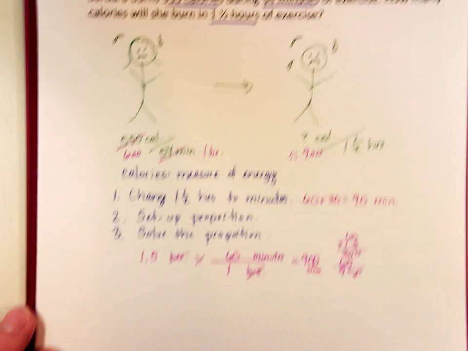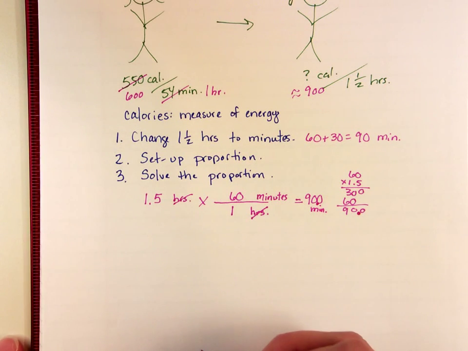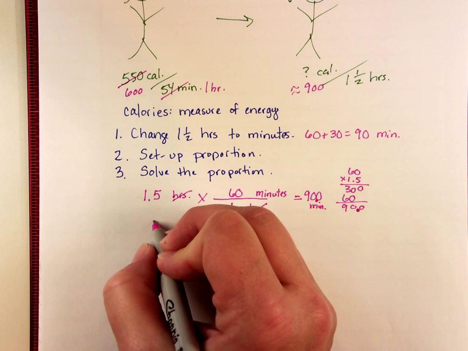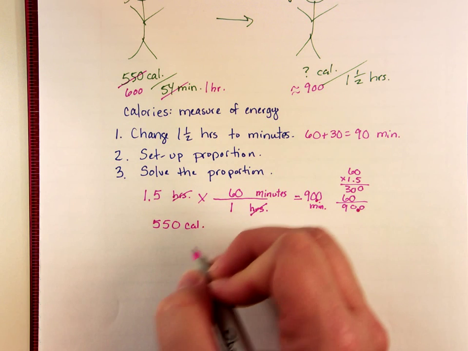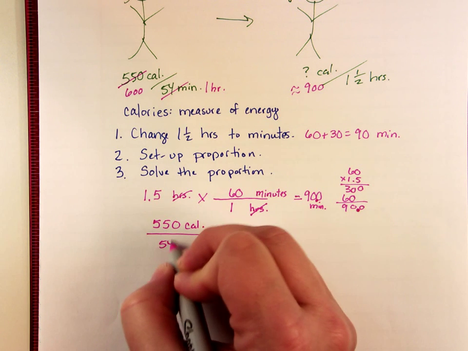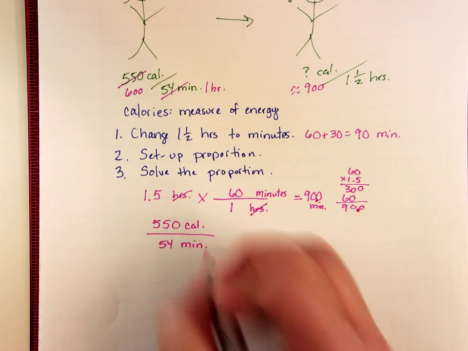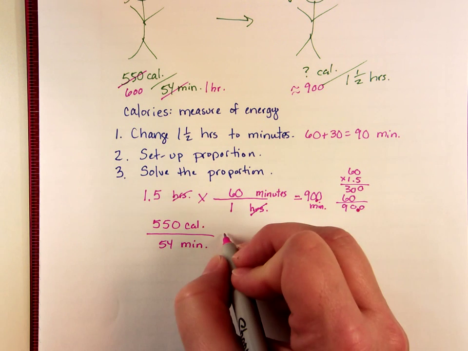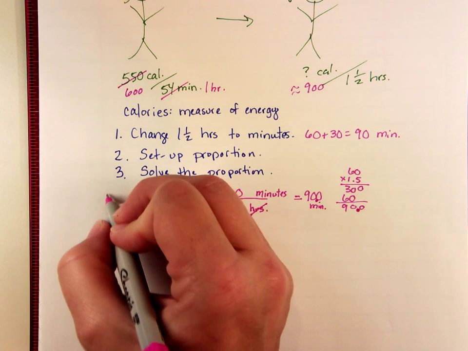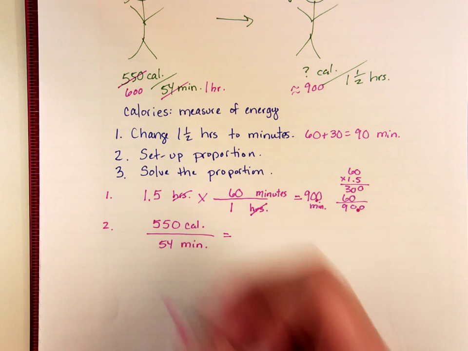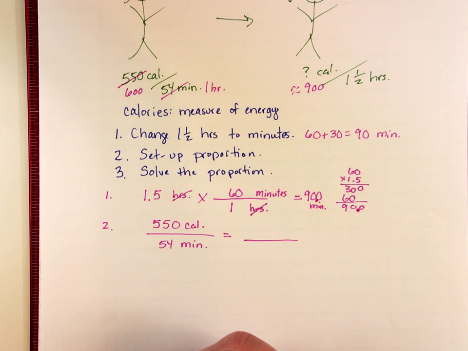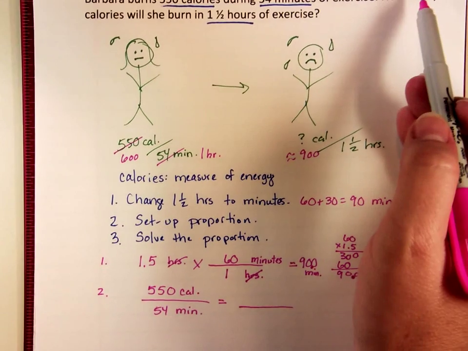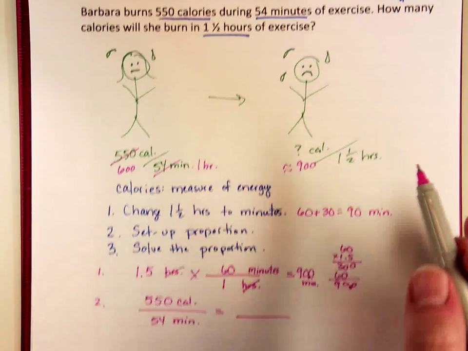Step 2. Set up your proportion. Barbara burns 550 calories in 54 minutes of exercise. That's the proportion that I know. The proportion that I don't know is going to have one unknown value, and it's going to be calories, because the problem says, how many calories will she burn in 1.5 hours?